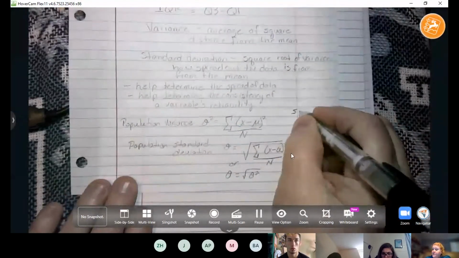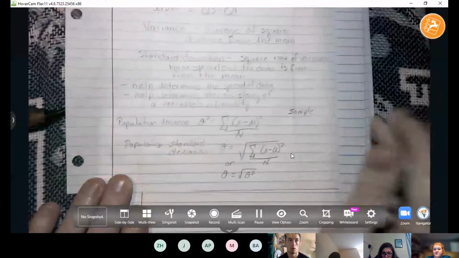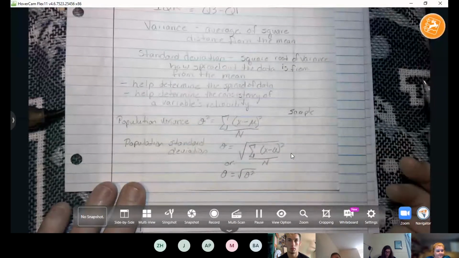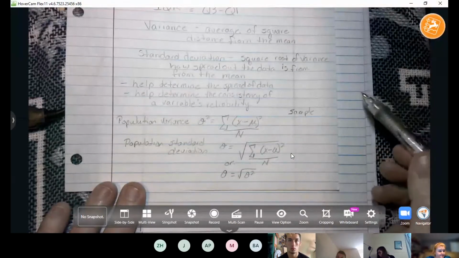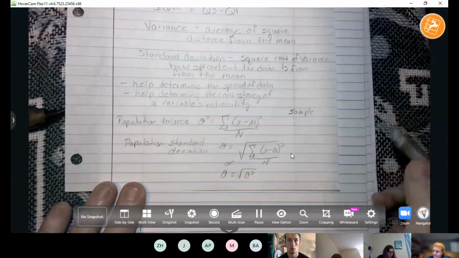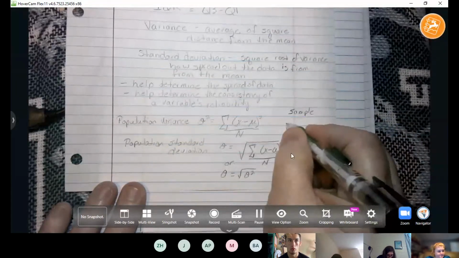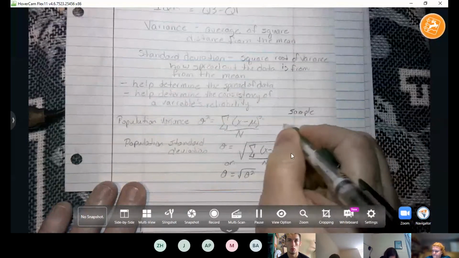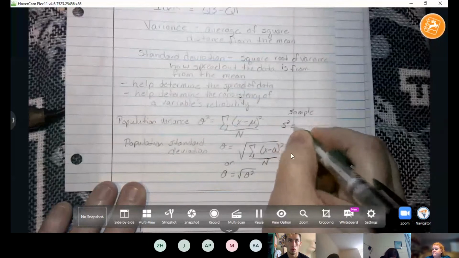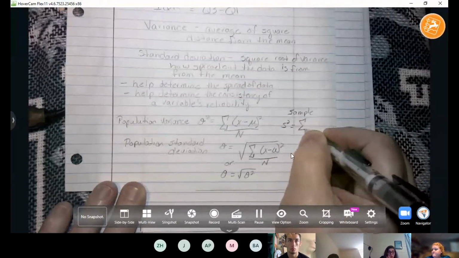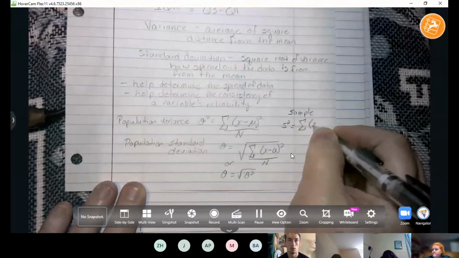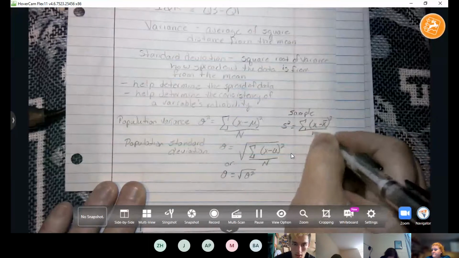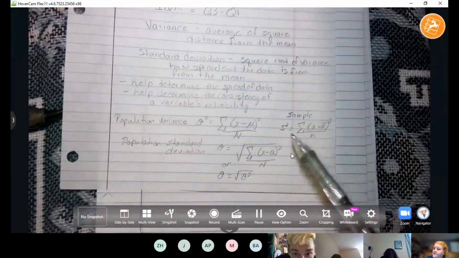Now, if you're doing the sample, the formula doesn't change a great deal. It's just the symbols that you're using. Now look at the two formulas.